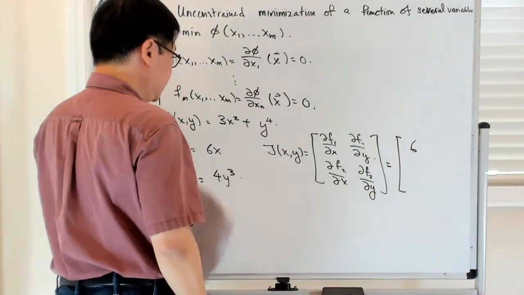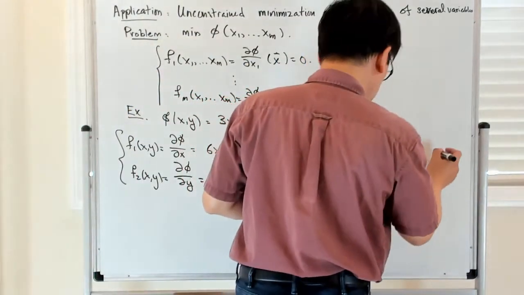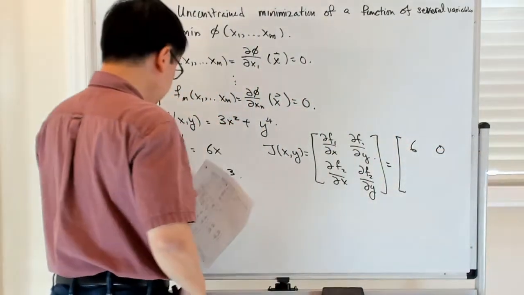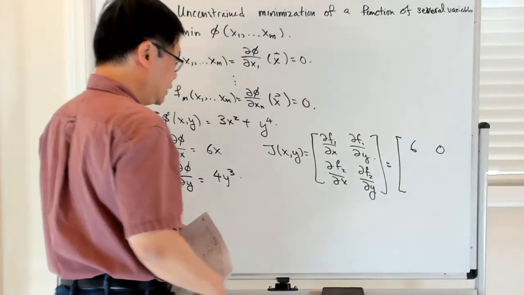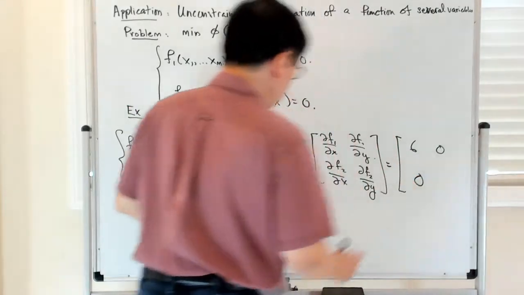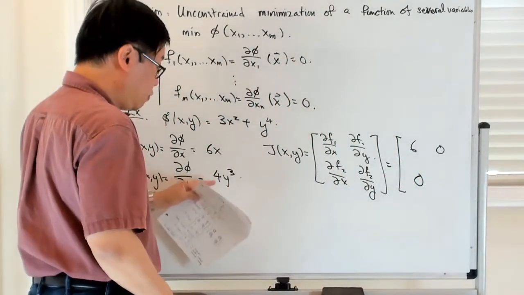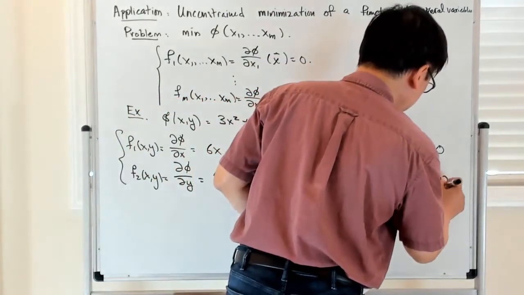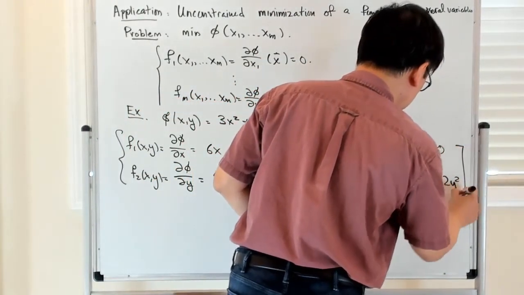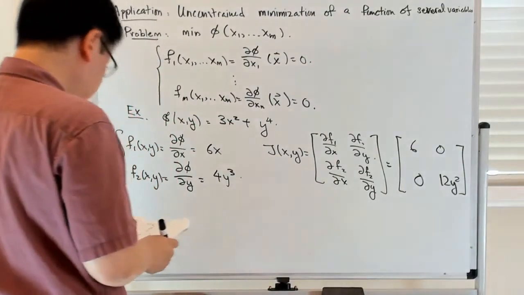The partial of 6x with respect to y is 0. f2 is 4y cubed. The partial of 4y cubed with respect to x is 0. The partial of 4y cubed with respect to y is 12y squared. So that's my Jacobian.